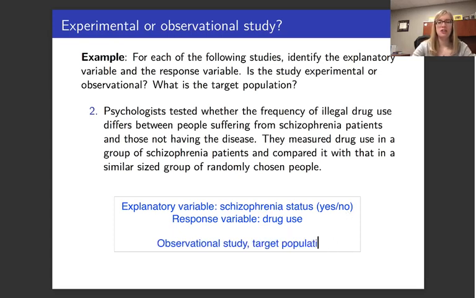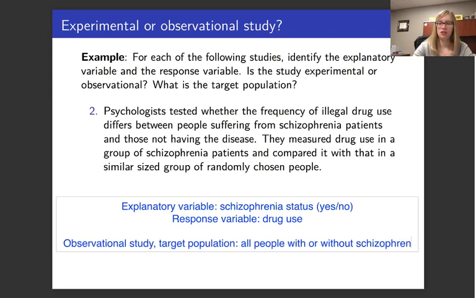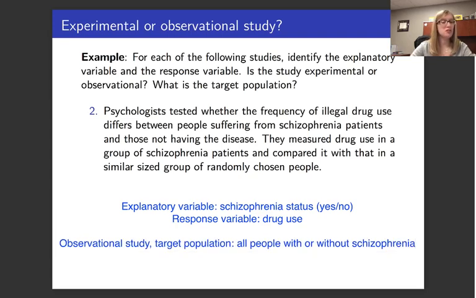Our target population is going to be all people with or without schizophrenia. We are choosing from people with both. We are taking our sample from people that are suffering from the disease and people that are not suffering from the disease.